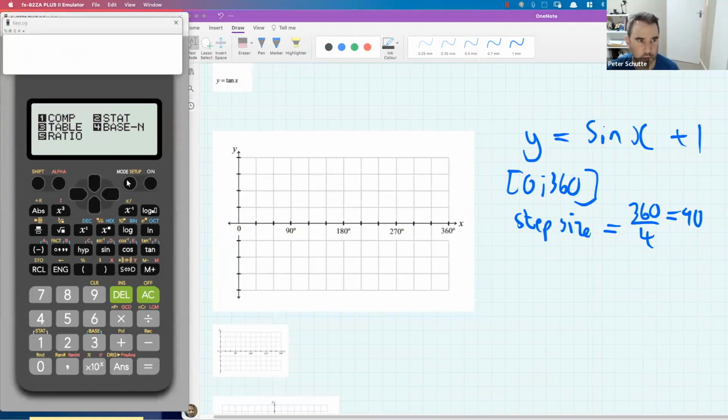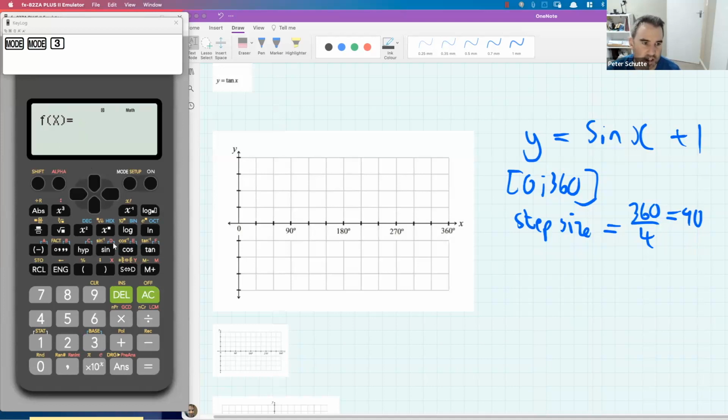So I click mode. Then I click 3 for table, and I get to this screen here, f of x. Now, if you have a Sharp calculator, it's very similar. You go mode 3 table, and it says function 1. And into this function, you're going to put the function that you want to draw.